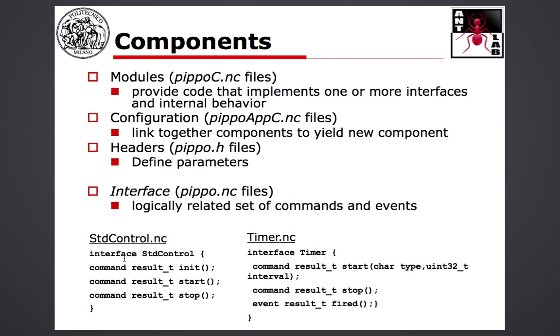For example, the interface StdControl, which we use basically in any application to start and stop components, just contains three commands: init, start, and stop. That means that if you decide to use this interface on a component, then you can initialize, start, and stop the component, and that's it.